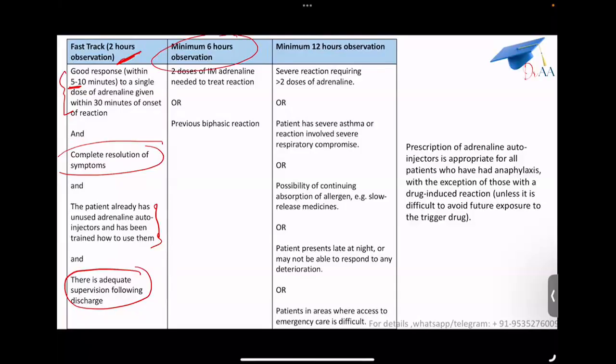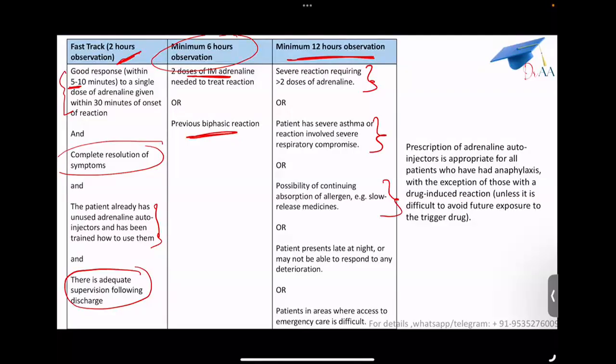When do we observe for a minimum of 6 hours? We observe for a minimum of 6 hours if there is a previous history of biphasic reaction or 2 doses of IM adrenaline are required. We observe a minimum of 12 hours where there is a severe reaction where more than 2 doses of adrenaline are required, or the patient has an underlying respiratory disorder like asthma or COPD, or there is a continuing possibility of absorption of allergen.